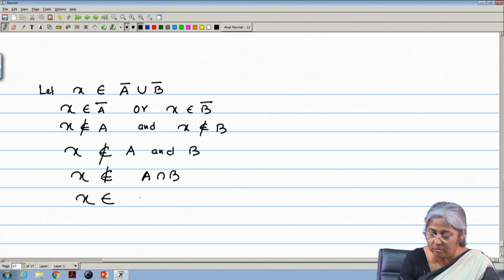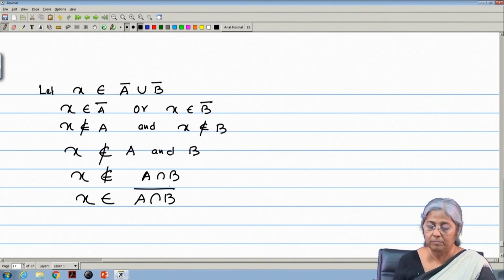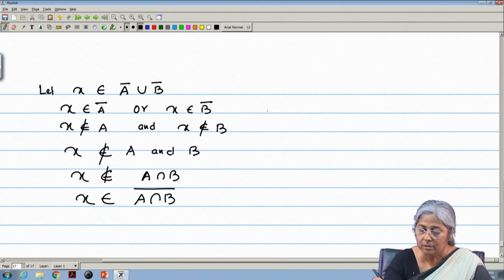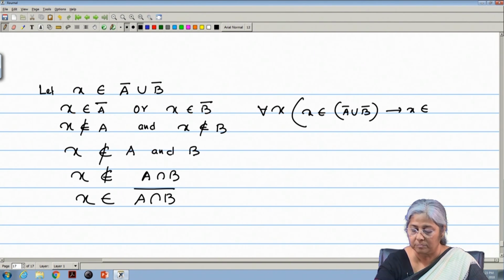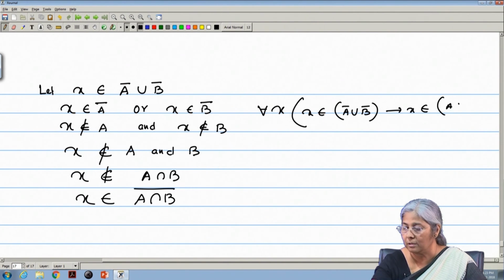So, x belongs to A intersection B complement. So, for all x, what we get is that x belongs to A bar B bar implies x belongs to A intersection B complement. So, this is my 2.